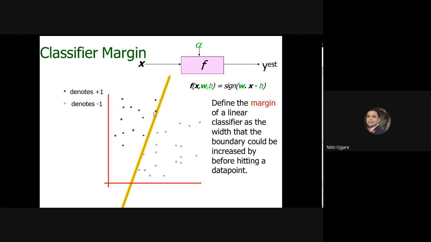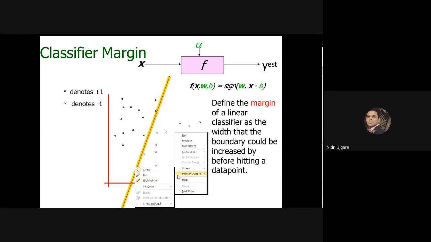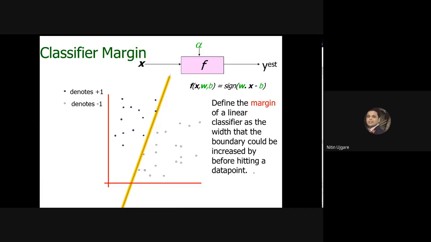But if you observe these points, let me take a pen so that I can pinpoint it. This point and this point are correctly classified, but they are very close to the decision boundary, which is indicated with this black color, because the margin that this classifier has is very small.